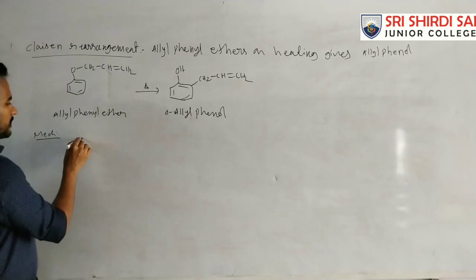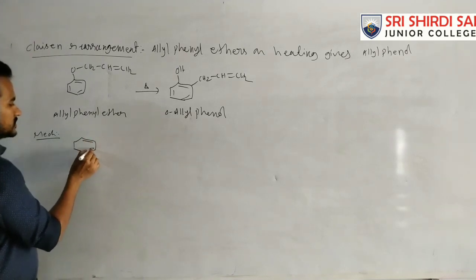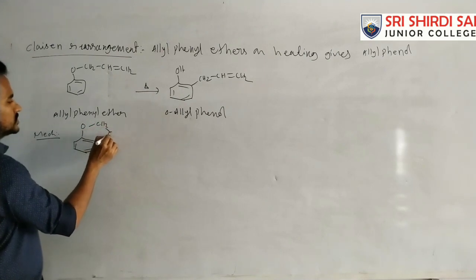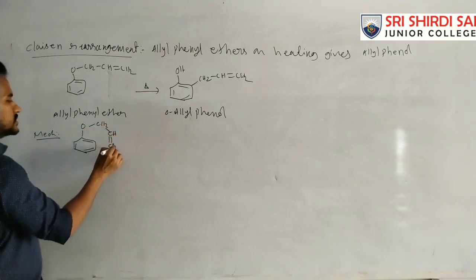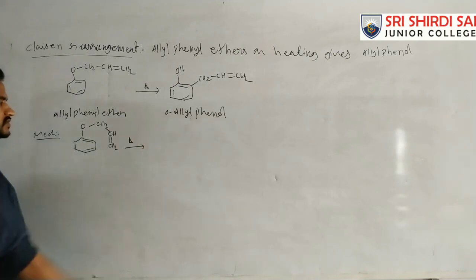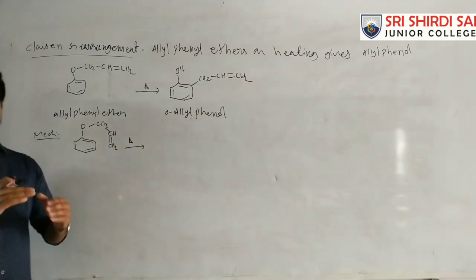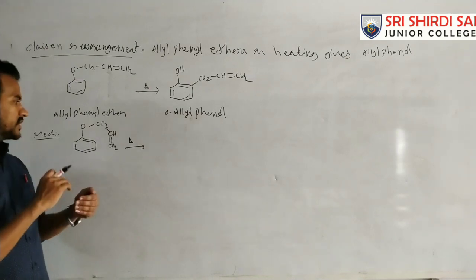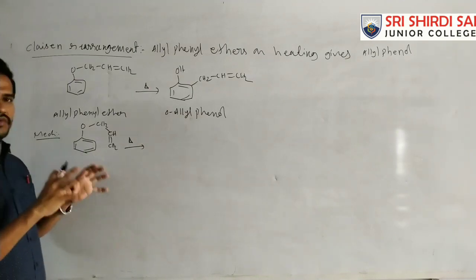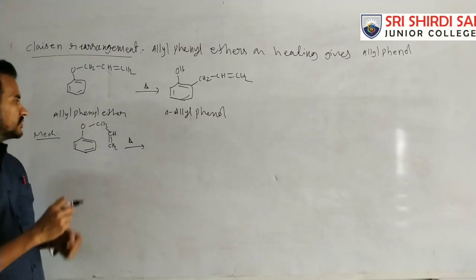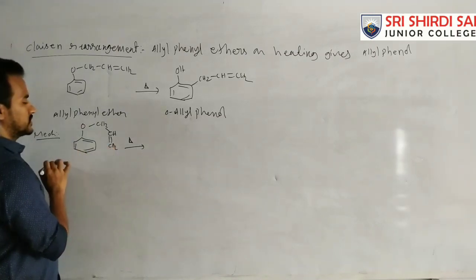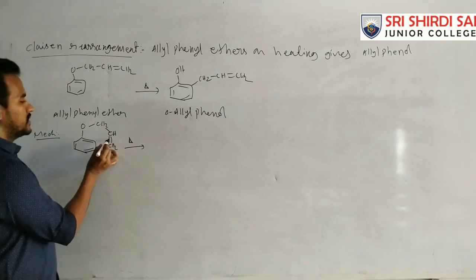In this reaction, on heating there is a rearrangement of electrons, that means movement of electrons from one place to another. This involves breaking and making of bonds. Here there is breaking of the pi bond.